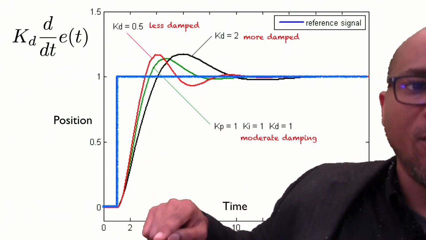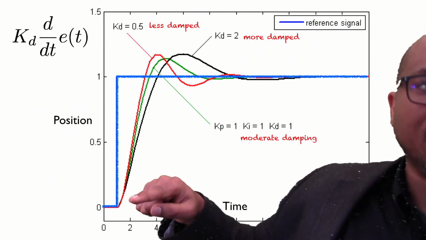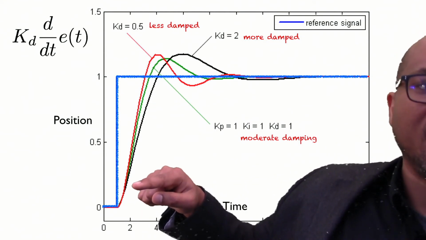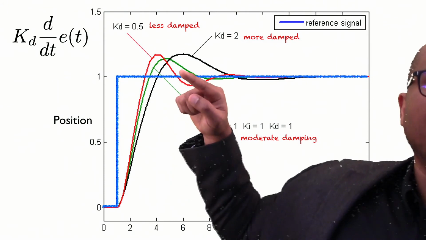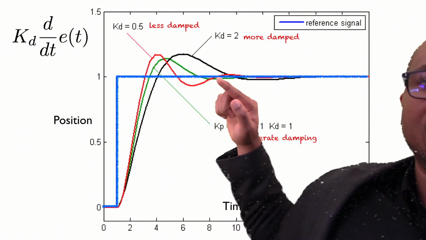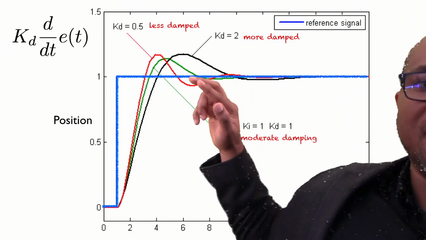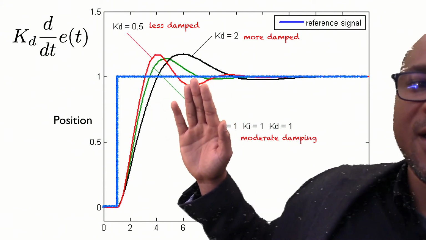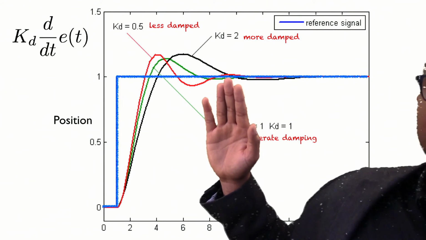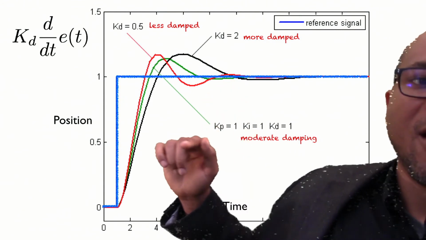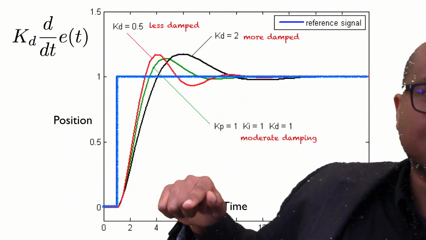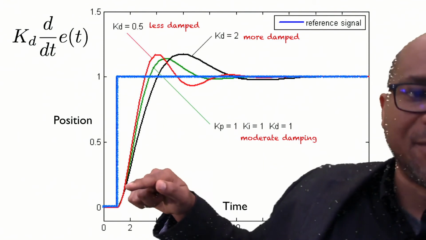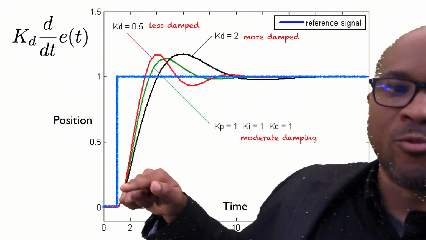If we're over damped, we have more damping, we can get a similar curve, but it's just going to take longer to hit there. You should note that there's a big difference between when our better damped system hits the set point and when our less damped system hits the set point. If we have a less damped system, we're not removing energy as much.